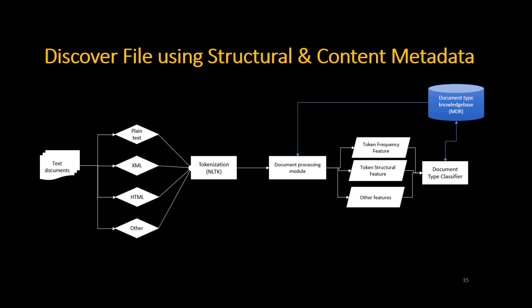And after we have the classifiers, all the parameters of the classifiers plus the features of each type of document will be stored in our document type knowledge base, that is MDR, which will be used in the future to automatically identify the data types and data sources.